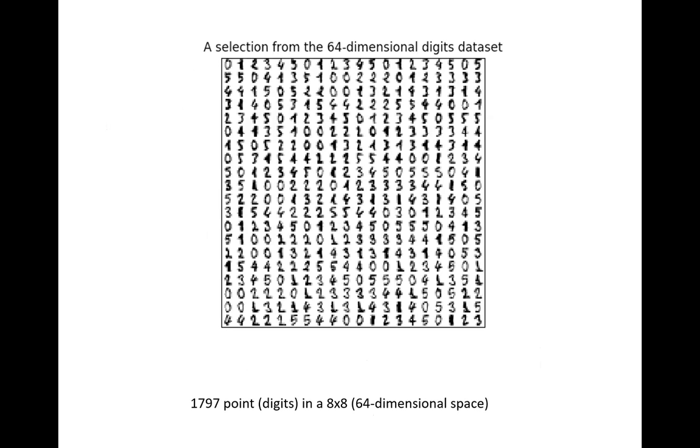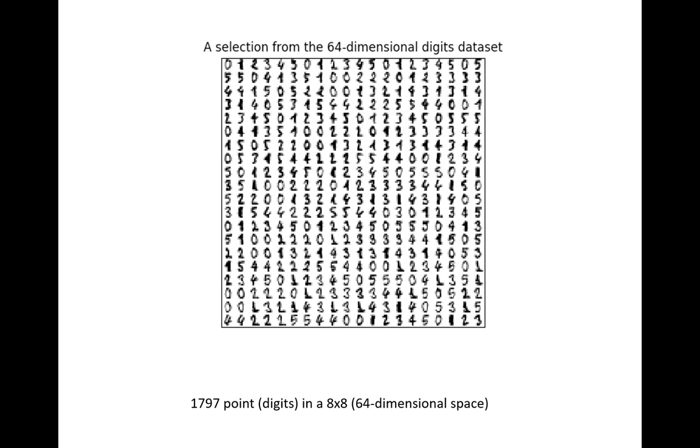So here is an example. What we are showing you here is a selection of 64-dimensional digits. We have digits in the form of an 8 by 8 matrix, so each digit is of size 8 by 8. Each digit you can say is a 64-dimensional vector, and we have a collection of such digits.